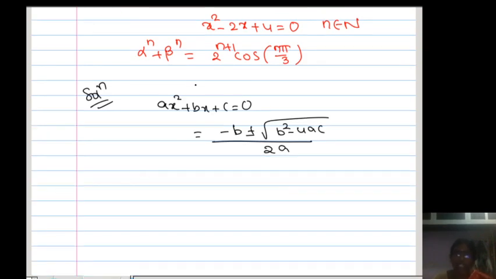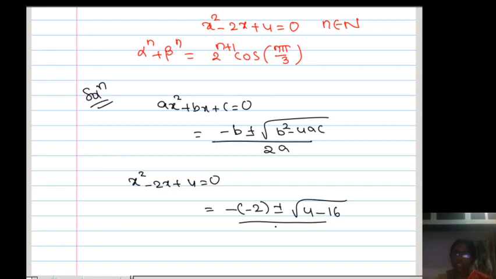By using that, how to find roots of x square minus 2x plus 4 equal to 0? Minus of minus 2 plus or minus under root b square means 2 square, 4, minus 4ac, a means 1, c means 4, 4 into 4 is 16. So denominator 2a is 2.